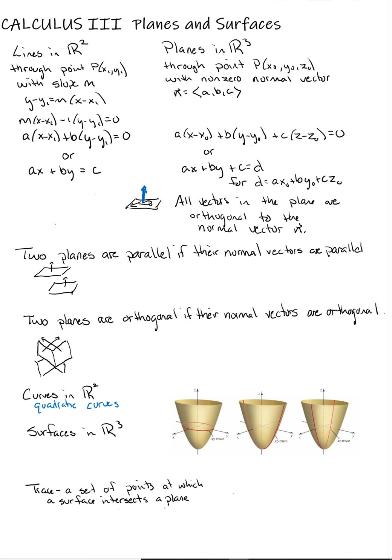Well, a quadratic curve in R2 space can be extrapolated to get quadric surfaces in R3 space. And just so you know, cylinders are actually types of quadric surfaces.